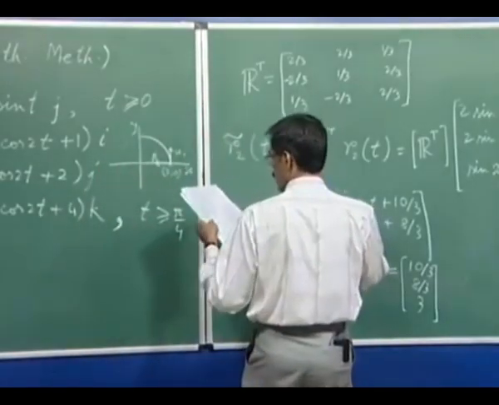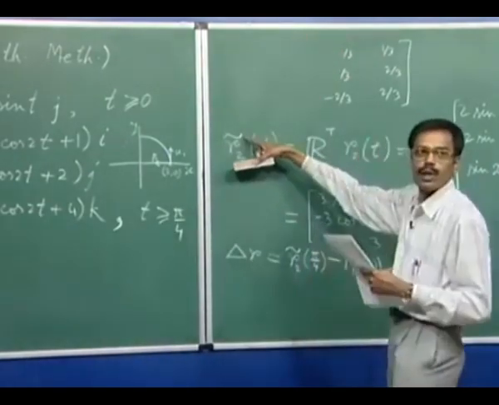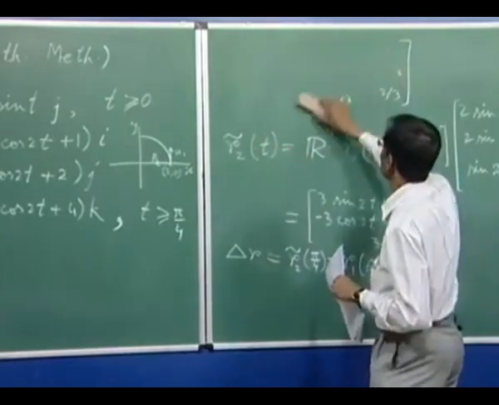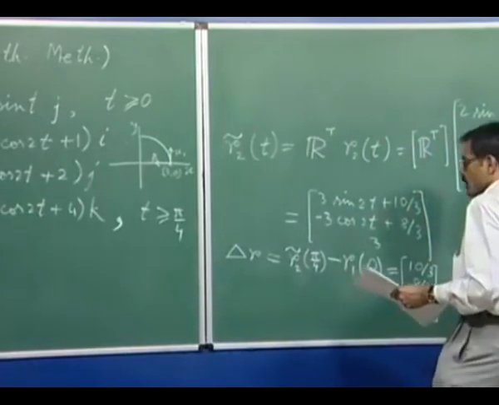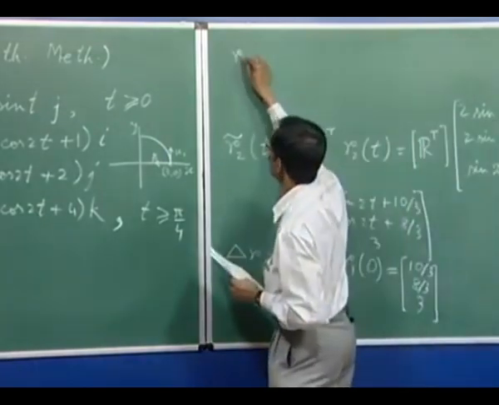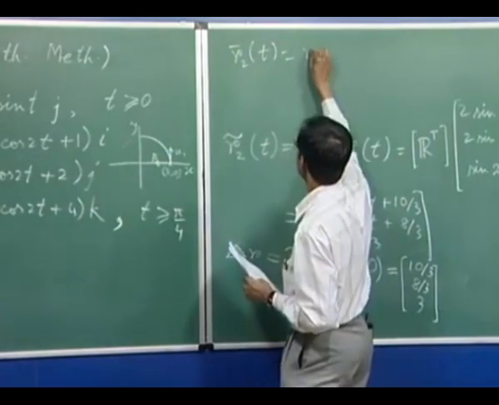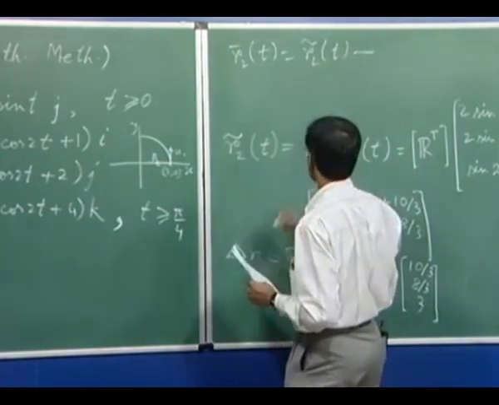So now let us call this, R2 tilde was the rotated version of R2. Now R2 bar will be the further translated curve. So this R2 bar will be this R2 tilde minus this delta r.